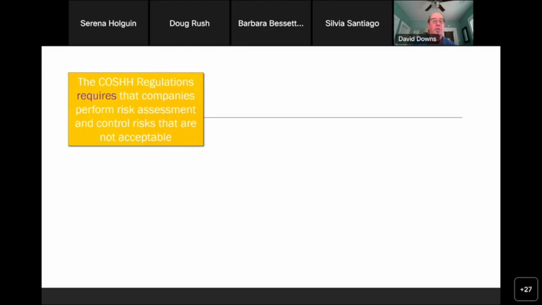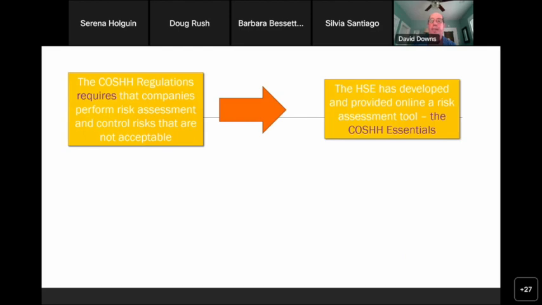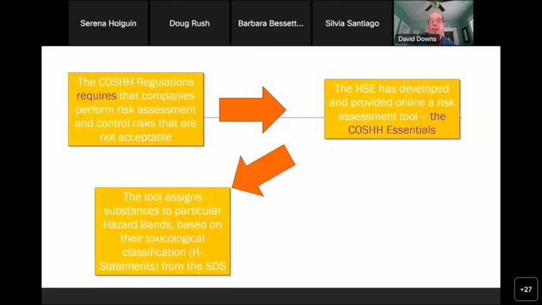The COSHH regulations required that companies perform risk assessment and control risks that are not acceptable. And the HSE developed and provided an online tool called COSHH Essentials to help them do that.